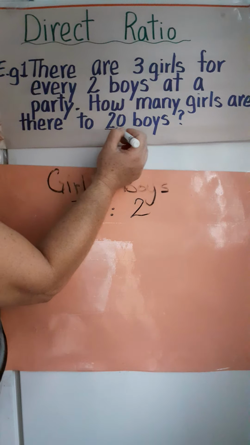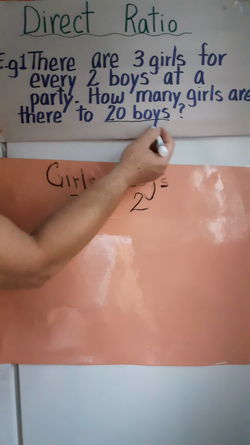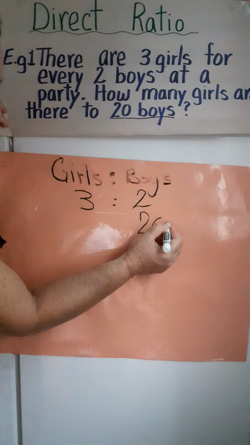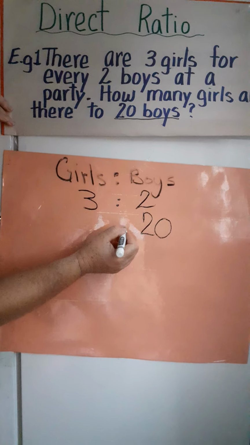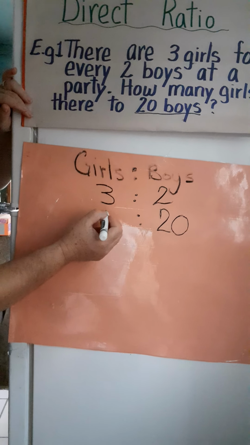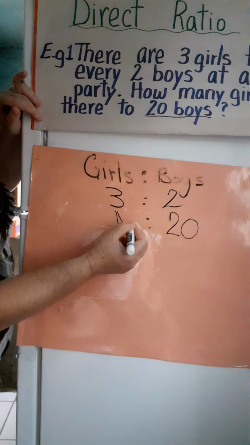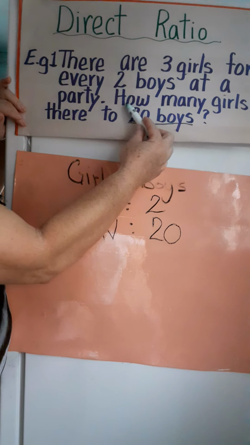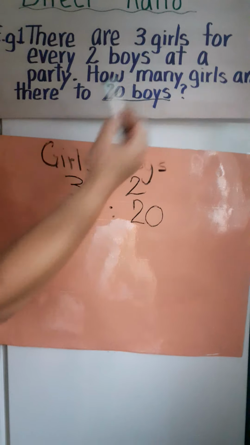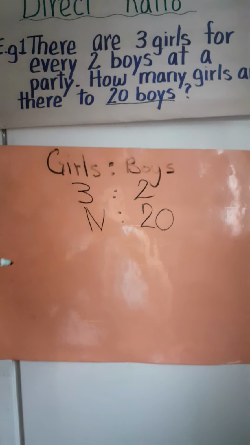So this number here, 20 boys, we are going to write it under boys. Okay? 20 boys. So we write 20 on the boys. And on the girls, we are going to write N, because that is what we are looking for. How many girls? So we write N on the girls.